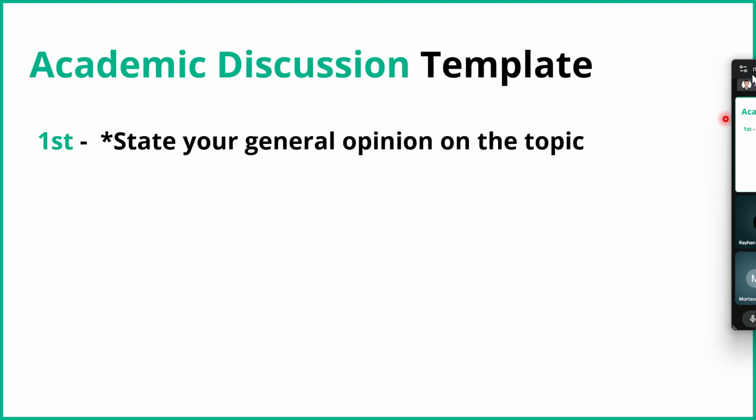The first template we can usually use is to state in our first sentence our general opinion on the topic. What do we generally think about the topic? Do we agree or disagree? So what's our general idea regarding the task? That's the first step.